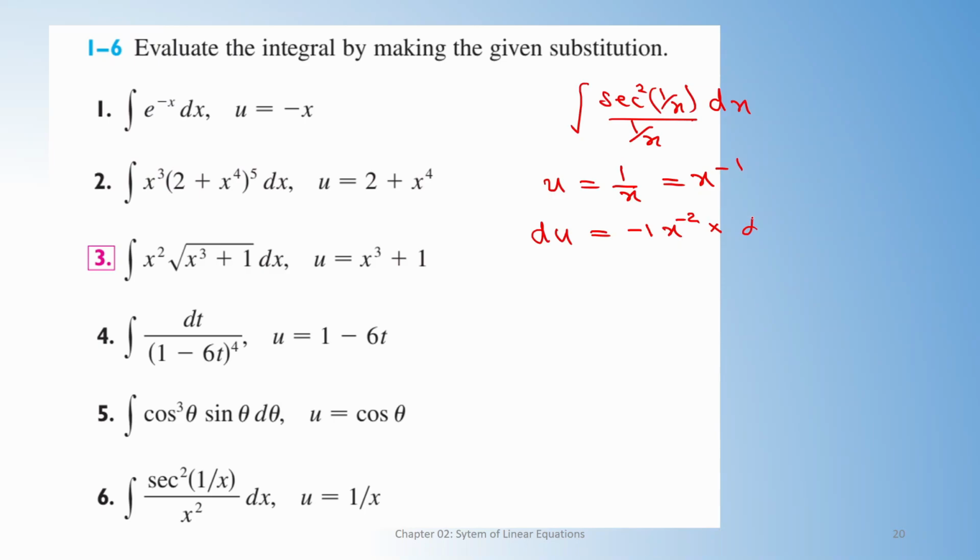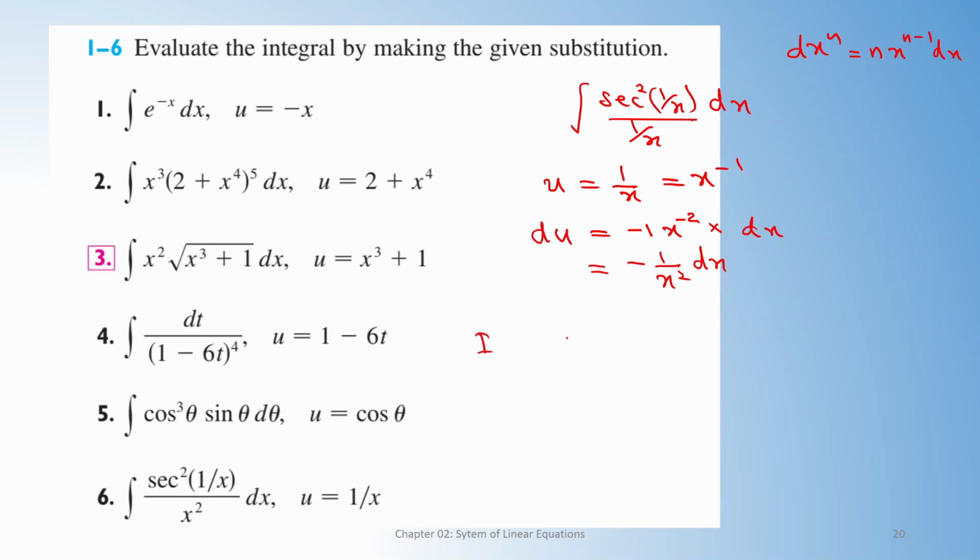The rule is that the differentiation of x to the power n is n times x to the power n minus 1. Differentiation of x is dx. That's what we have done. So this is minus 1 over x squared dx.